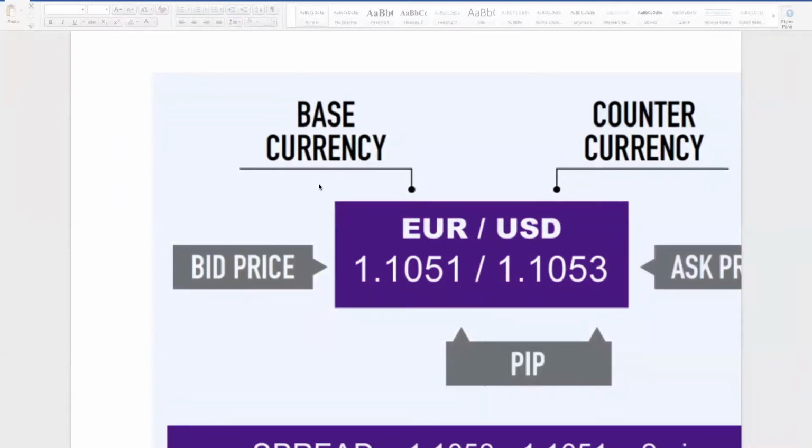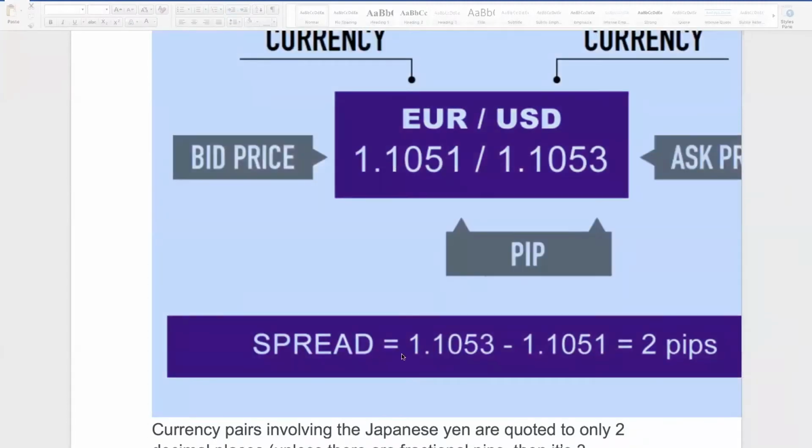Normally when you open your MT4 or MT5 platform and choose a pair, you will see the first price, 1.1051, that's your bid price. Then 1.1053, that's your ask price. The difference between 1053 and 1051 is what we call pips. If I subtract 1053 minus 1051, I get 2 pips. So the spread is 2 pips.